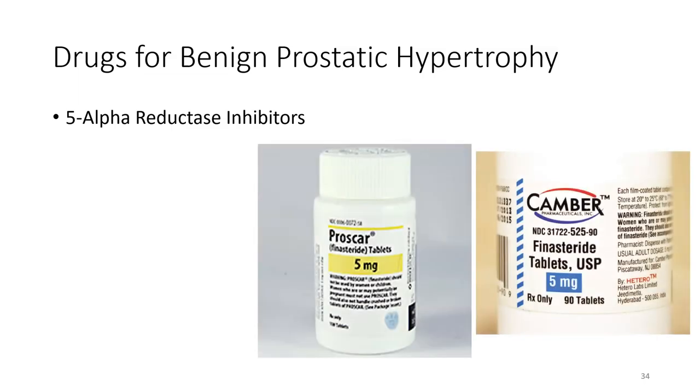These are sometimes also referred to as androgen inhibitors because they're inhibiting testosterone changing into the dihydrotestosterone. So they're blocking the male hormones. The generic name here is finasteride. The trade name is Proscar. This was the first non-surgical treatment for BPH.